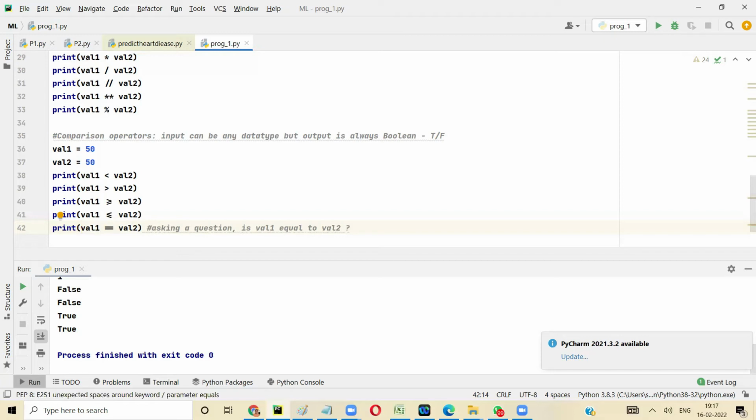It is written without space. Double equal to indicates asking a question. Single equal to is assigning. Double equal to is asking a question: is it equal to?